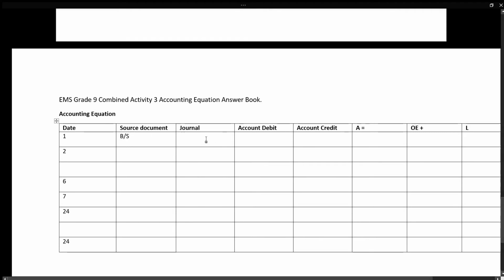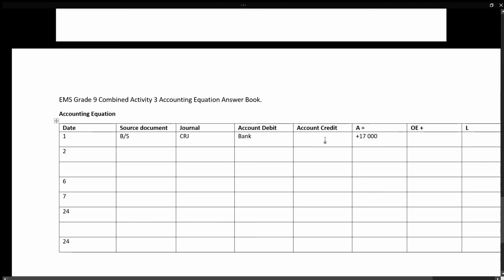My journal: the business is receiving money, therefore cash receipt journal. My bank will increase. Bank is classified as an asset and assets increase in the debit side. Therefore, I will indicate this influence, plus 17,000, under my assets account.